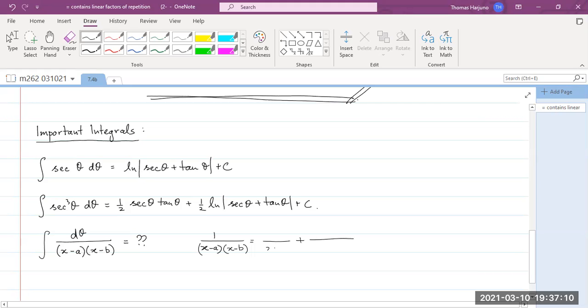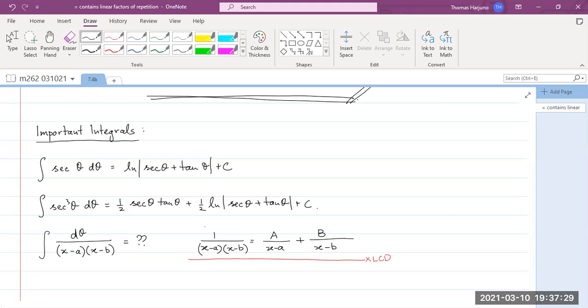When we do partial fraction decomposition, it will be capital A over x minus lowercase a, capital B over x minus lowercase b, multiply by the LCD. We will get 1 equals A times x minus b plus B times x minus a.